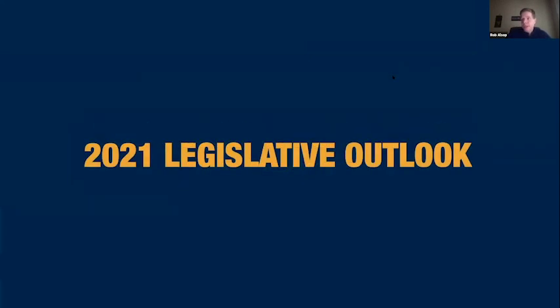So the 2021 legislative outlook, and I'll end up here in just a couple of minutes. During the 2020 elections, Republicans saw significant gains in both the House and the Senate. They have supermajorities. They hold more than two-thirds of both houses.